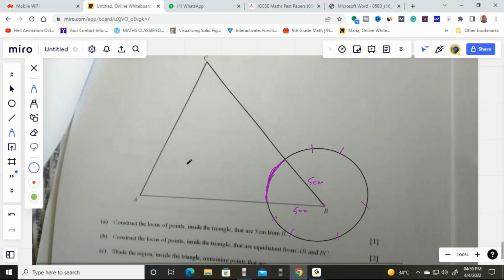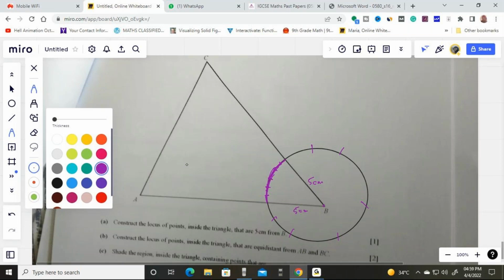So just keep this entire circle as it is, and try to highlight this minor arc inside the triangle, and then you can say that all the points which are lying on this arc are 5 centimeter away from B. Because this is now the circumference of the circle, and all the points on the circumference are equidistant from the center.